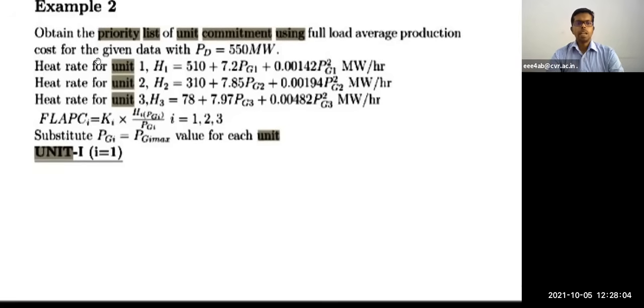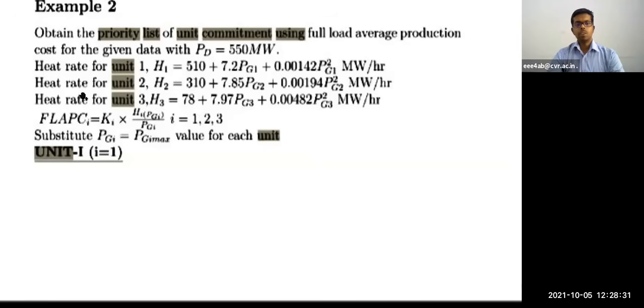Okay, so the heat rate for unit number 1 is given. H1 is equal to 510 plus 7.2 Pg1 plus 0.00142 Pg1 square megawatt per hour. Next, heat rate for unit 2, H2 is equal to 310 plus 7.85 Pg2 plus 0.00194 Pg2 square megawatt per hour.